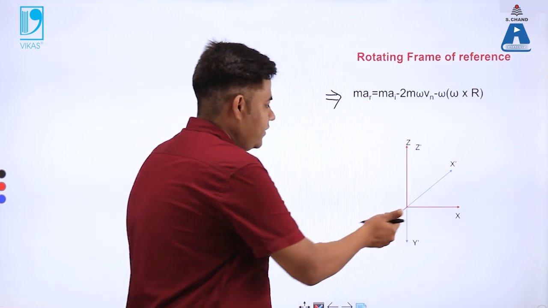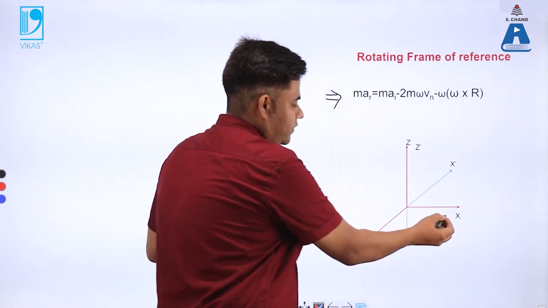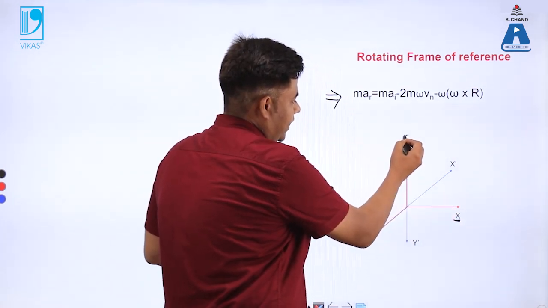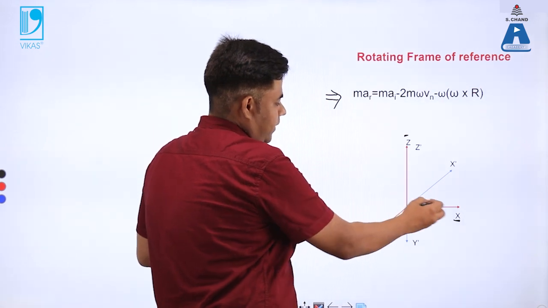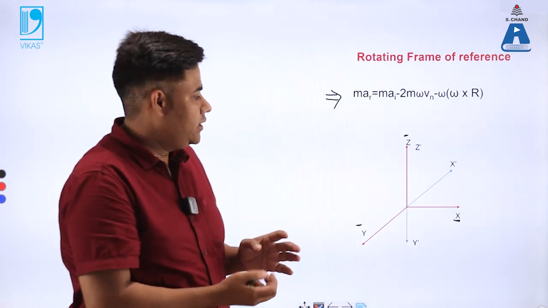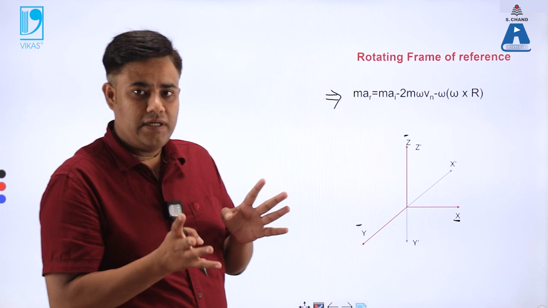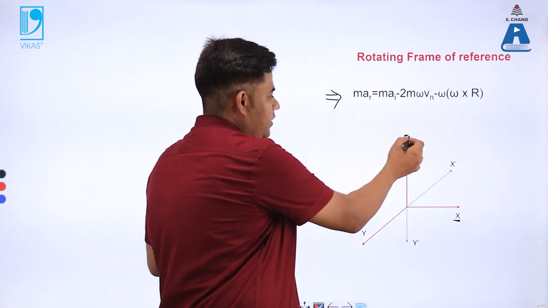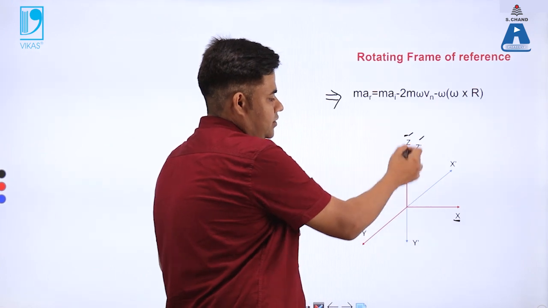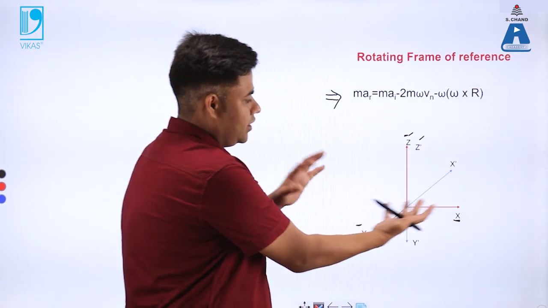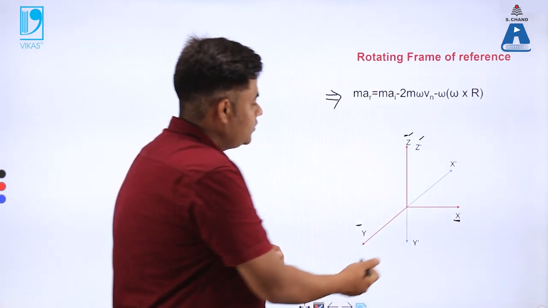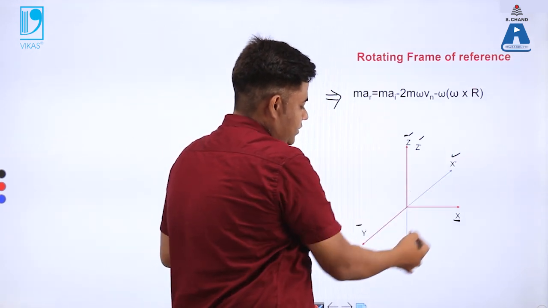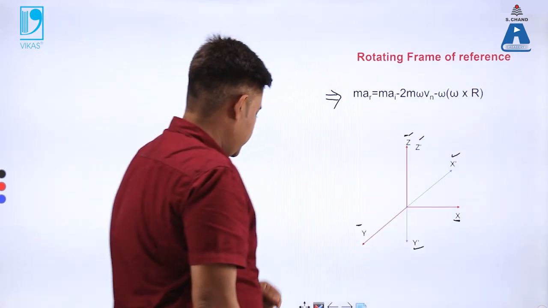Herein we have an example of a coordinate system x, y and z, which is depicted by this red line. If this Earth is rotating, the frame of reference is also rotating, and herein this z axis is fixed, and about this z axis this frame is rotating. So x changes to x dash, y changes to y dash.